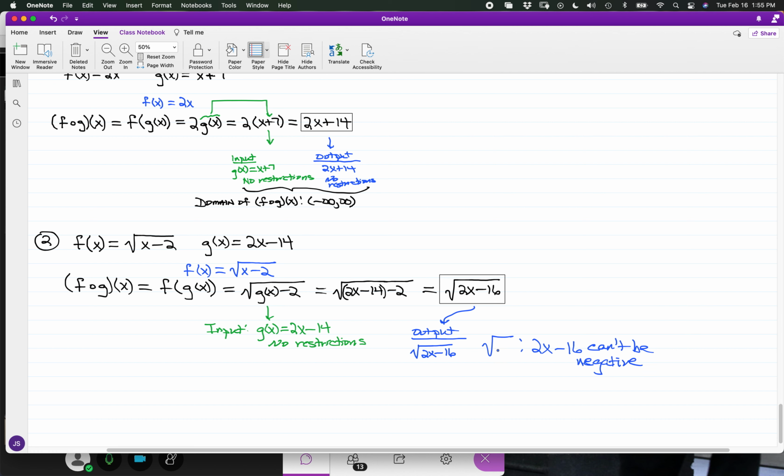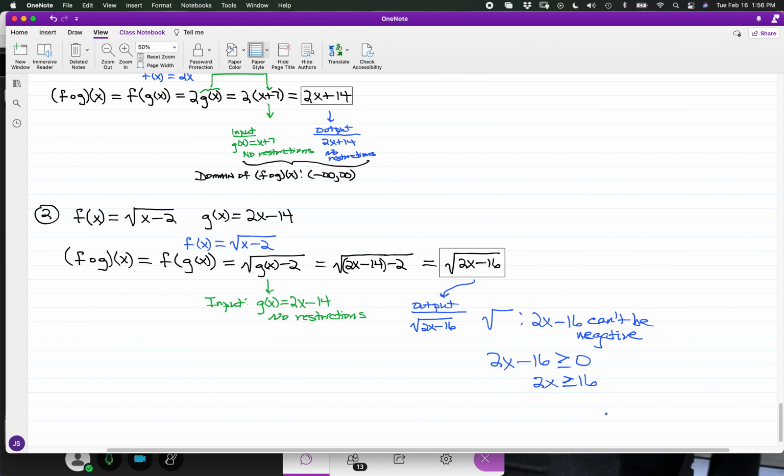It can be 0 and it can be positive. So we have 2x minus 16 is greater than or equal to 0. And if I add 16, we have 2x is greater than or equal to 16.